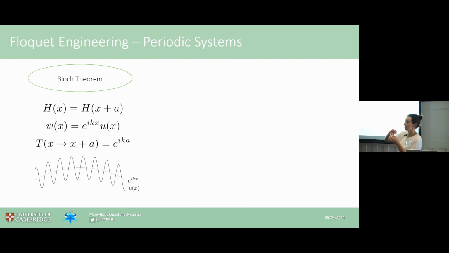Where you have some component of that solution which has the same periodicity as the lattice structure, and then this is multiplied by some phase. And so if you were to look at the solution of the Bloch wave only in units of your lattice constant, then all you see is this phase.